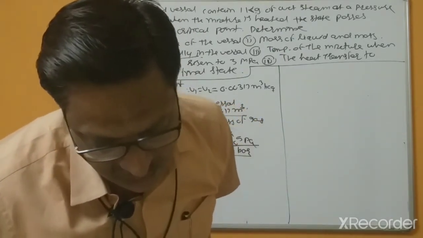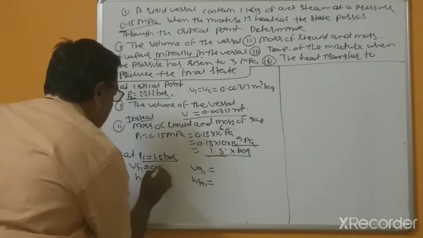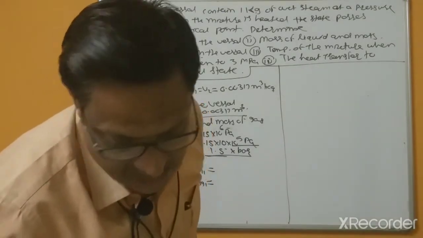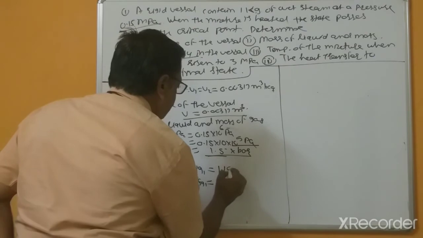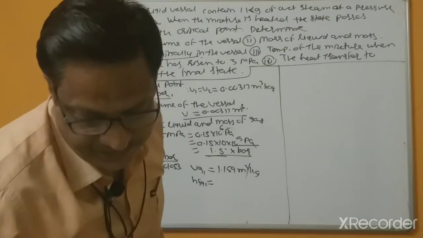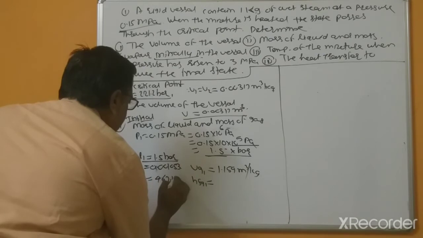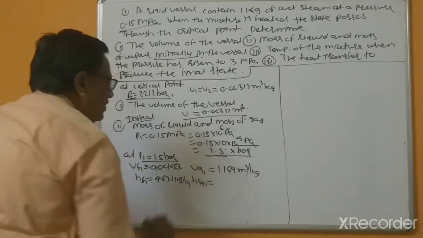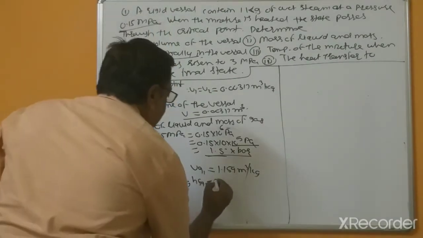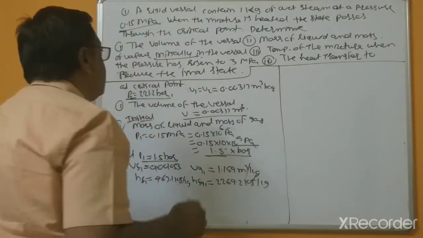So Vf1 is equal to 0.001053, Vg1 is 1.159 meter cube per kg, and Hf1 is 467.1 kilojoule per kg. Hfg1, this is latent heat, 2269.2 kilojoule per kg. So what is to be calculated?